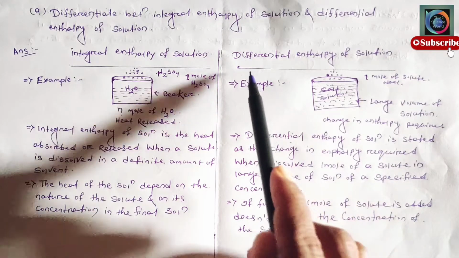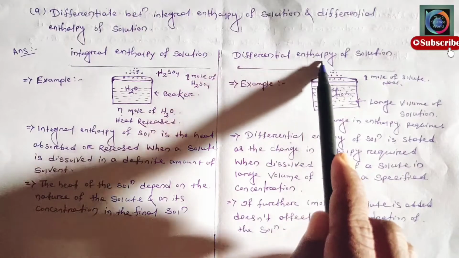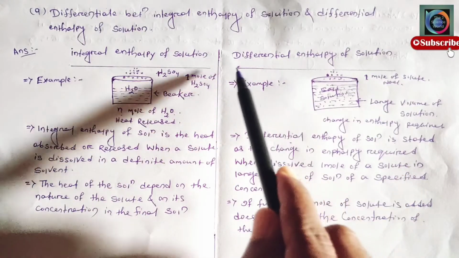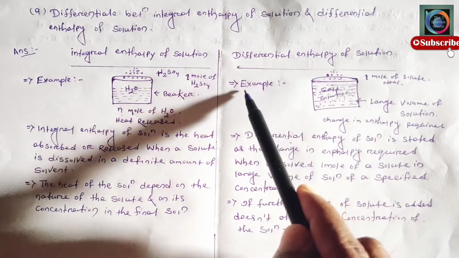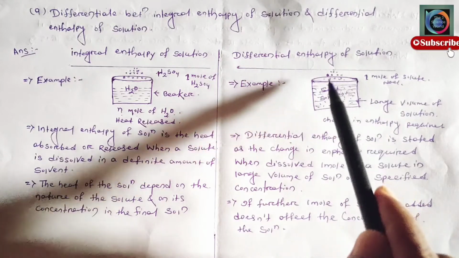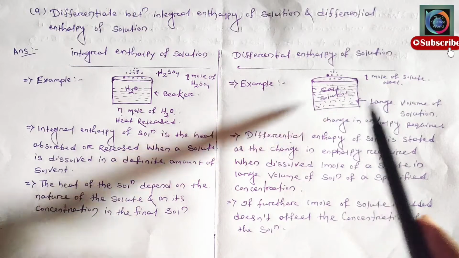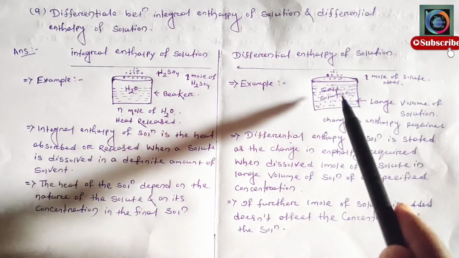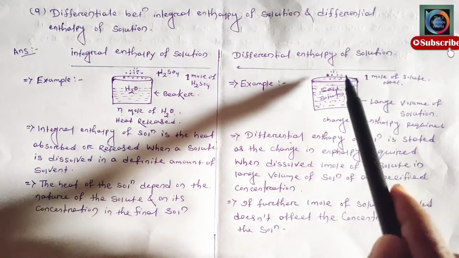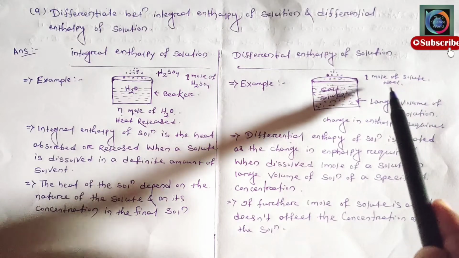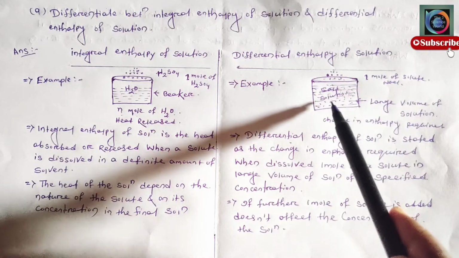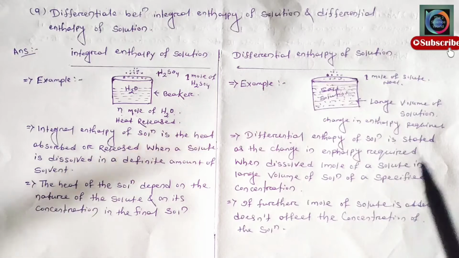Well, the next is differential enthalpy of solution. Let's try to understand differential enthalpy of solution with the help of an example. In this particular case, we will also take a beaker and add some water in this beaker. Then we add 1 mole of solute, that is our NaCl. In this beaker, we contain salt solution.